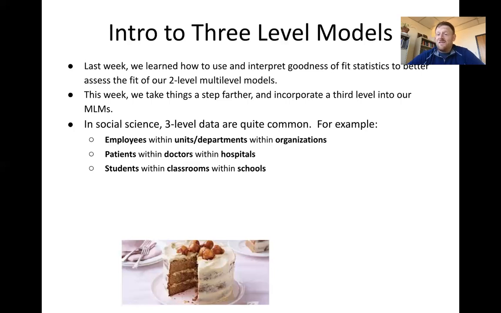You could also be nested within neighborhoods. We'll talk about cross-classified nesting a little later in the semester. For now, think of one student in a classroom, that classroom nested within a school, and if you sample lots of different schools, you have data with three levels of nesting instead of two.